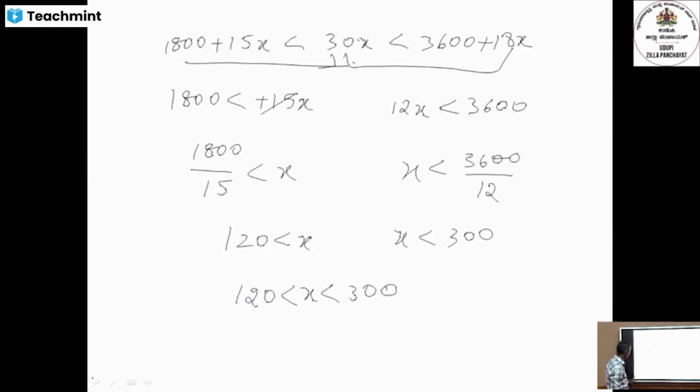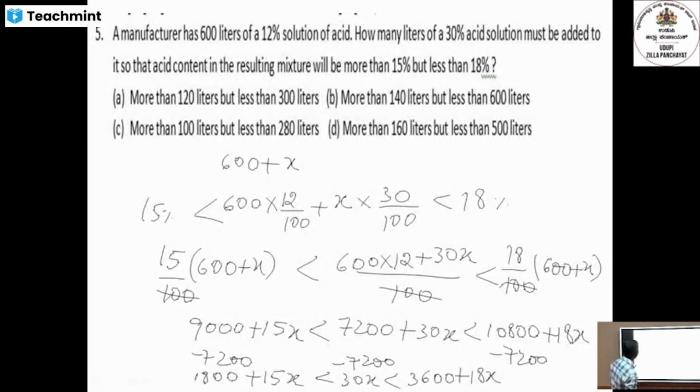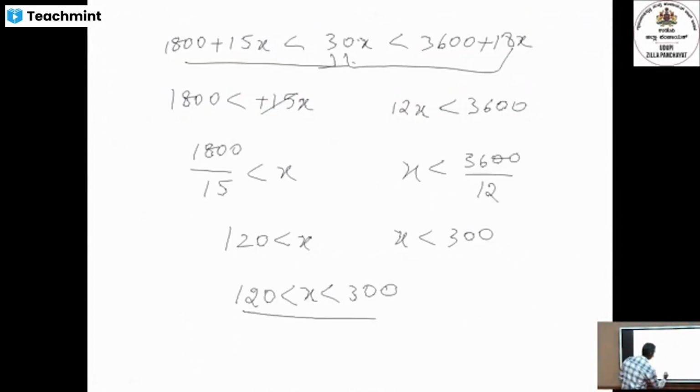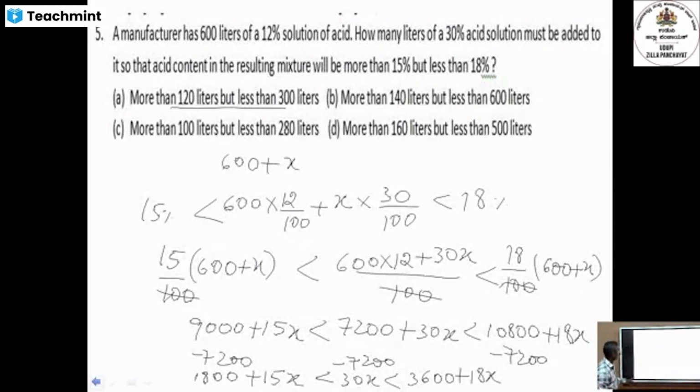So let us see the question. You have to add more than 120 liters but less than 300 liters. Yes, x should be more than 120 but less than 300. The other options, 140 and 600, are not possible. 100 and 280 is not possible. More than 160 and 500 is not possible.